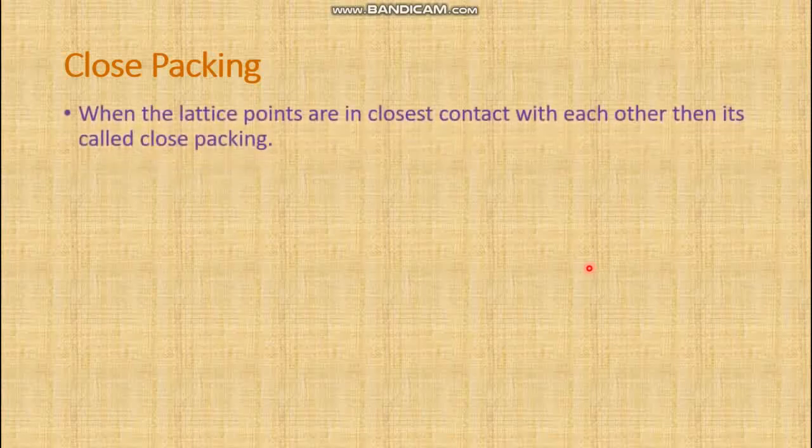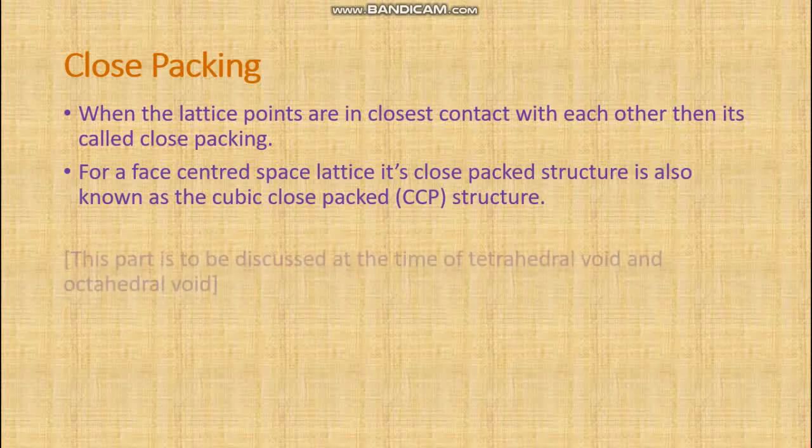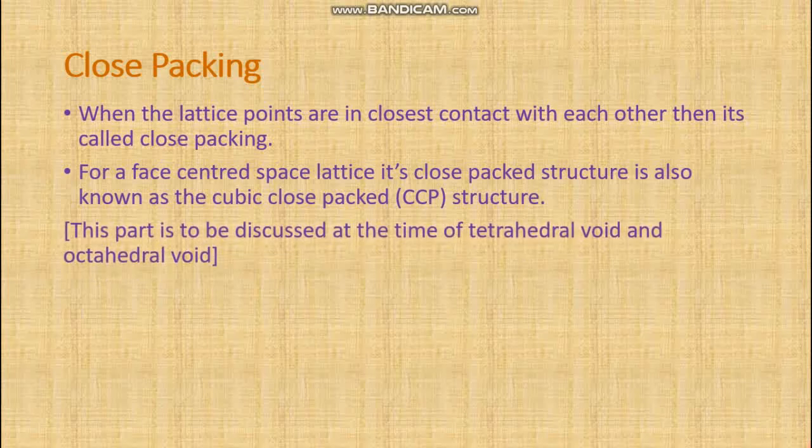So when the lattice points are in closest contact with each other, then it's called close packing. For a face-centered space lattice, its close-packed structure is also known as the cubic close-packed structure, or in short CCP. This part would be discussed at the time of tetrahedral void and octahedral void, not now.